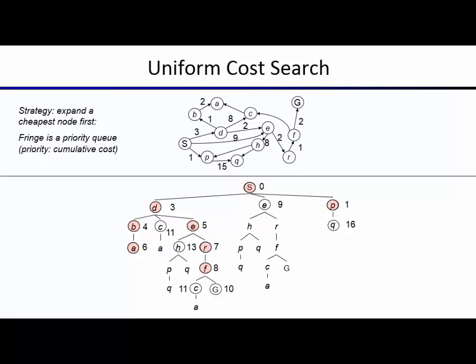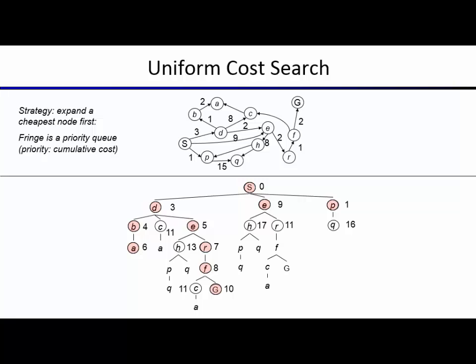Keep in mind, the algorithm doesn't declare victory yet. It says, what's next from the fringe? Cheapest, which is E with a cost of 9. Grabs that one from the fringe, checks if it achieves the goal. Doesn't, so it calls successor function. Now the cheapest one is the node that reaches G. It gets checked for the goal, and we declare victory.